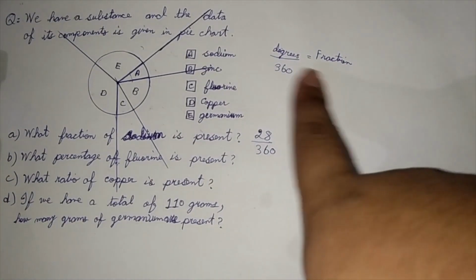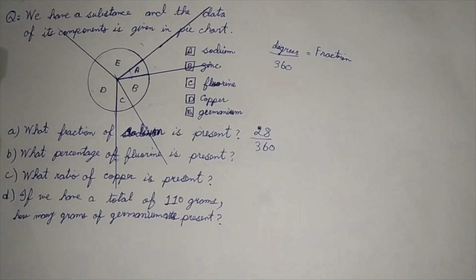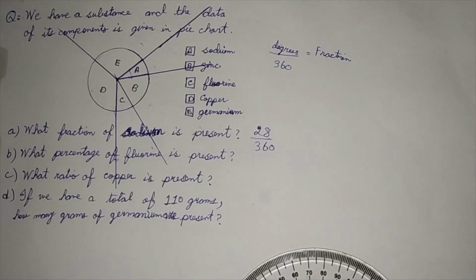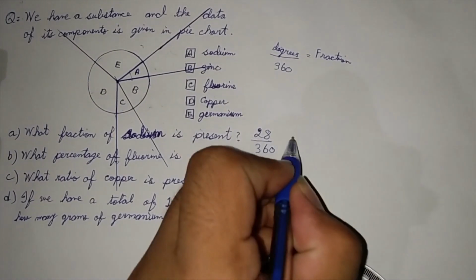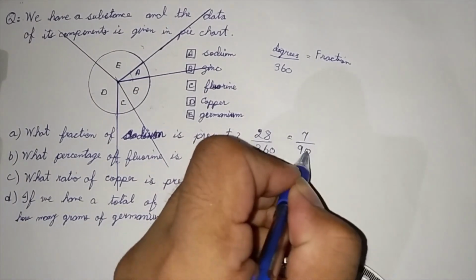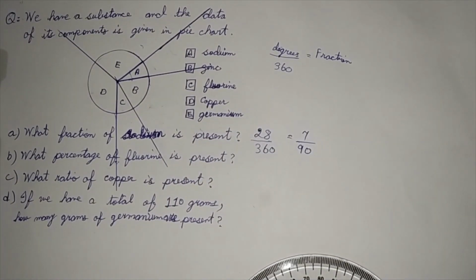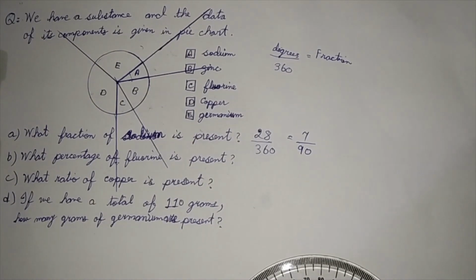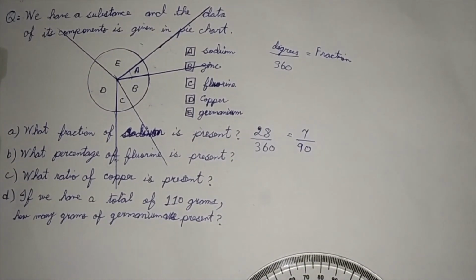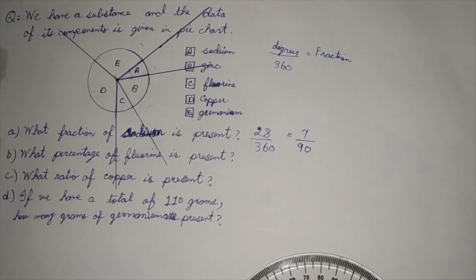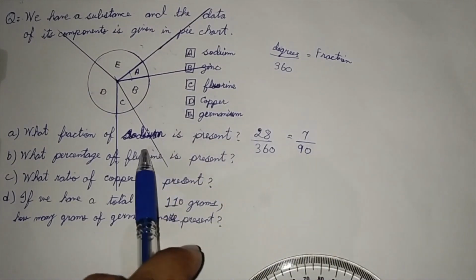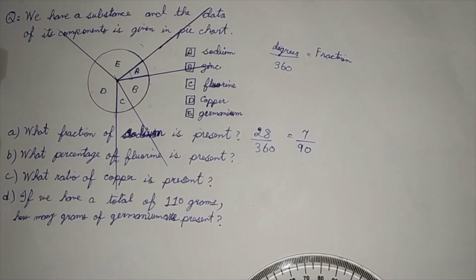To get a fraction we have to divide the degrees by 360. Here we have our degrees, which is 28, so we divide the degrees by 360, because one circle is 360 degrees. So after dividing it, we will get our fraction, which is 7/90. Clear? So 7/90 is the actual fraction we have, the fraction of sodium present in our substance.